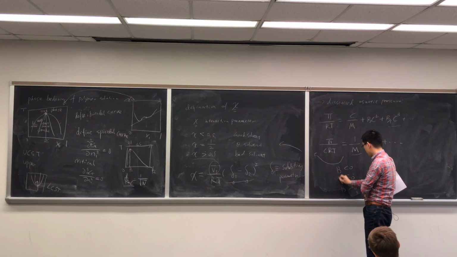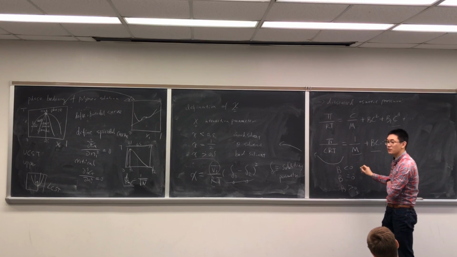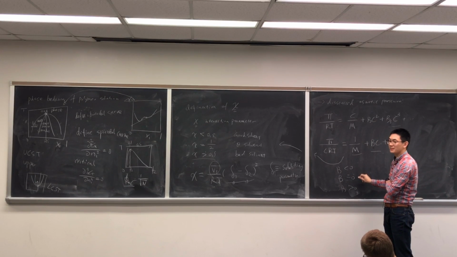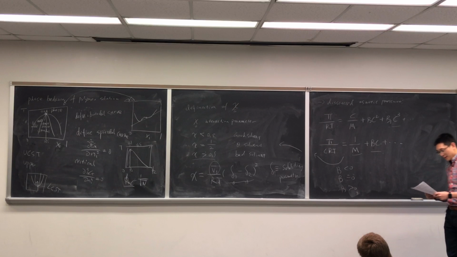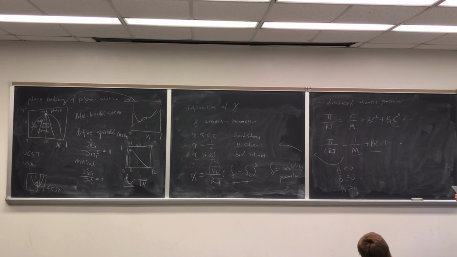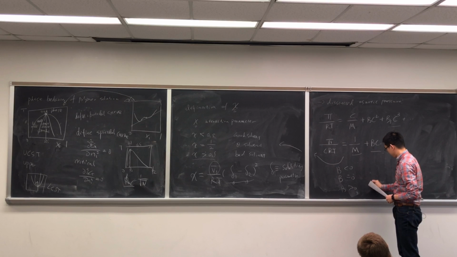Here, B corresponds to 3 solvent qualities. And this is bad solvent, this is theta solvent, and this is good solvent again. Correct? Which one is good solvent? B larger than 0. Okay?